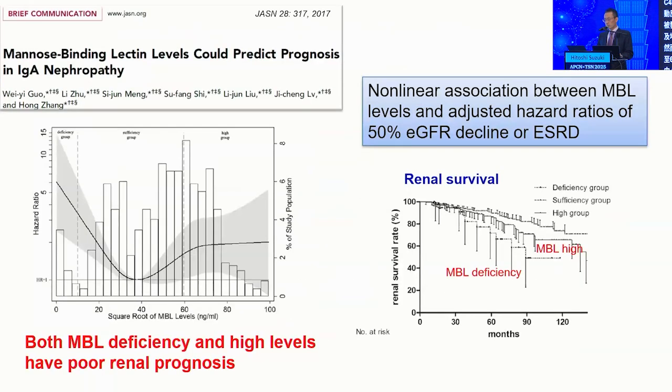Mannose binding lectin MBL deficiency and high levels of MBL had a poor renal prognosis. There is a non-linear association between MBL levels and the adjusted hazard ratio of 50% eGFR decline or ESRD.